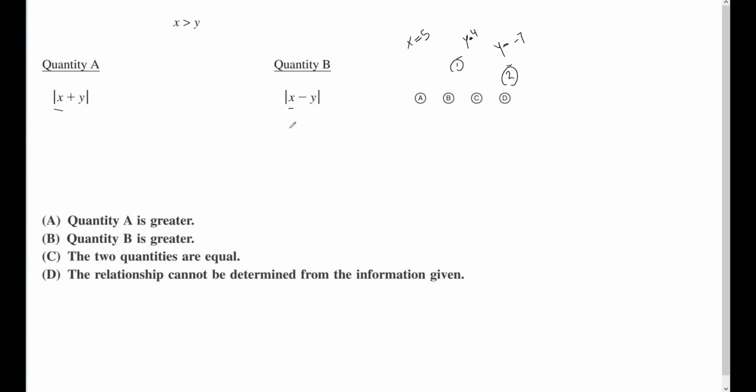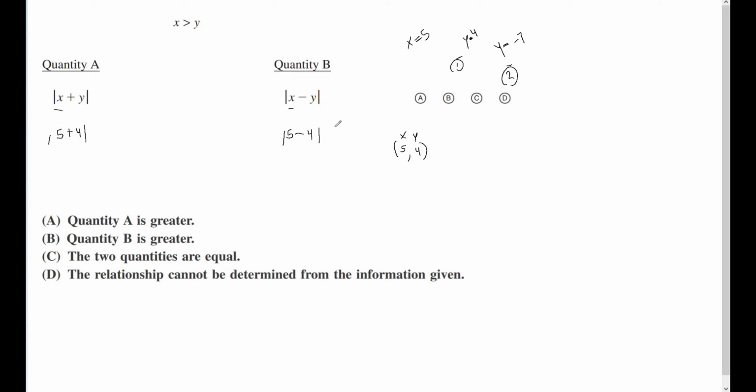For the first option, let's do 5 and 4. This is where x is equal to 5 and y is equal to 4. If we do that, we get the absolute value of 5 minus 4, and the absolute value of 5 plus 4. That's the first scenario.